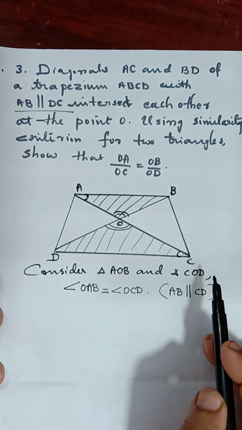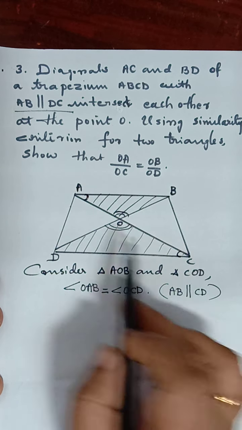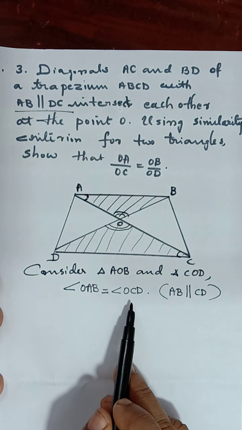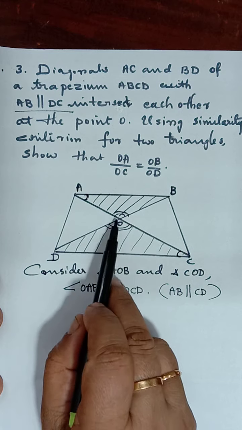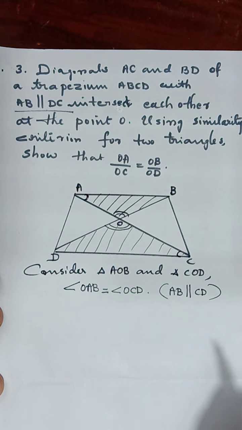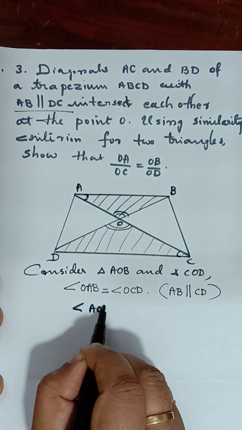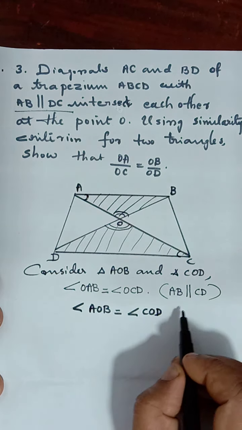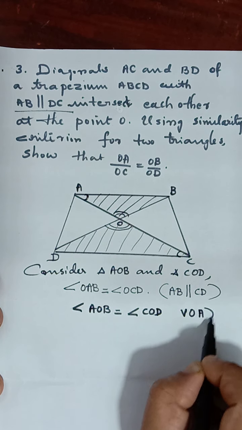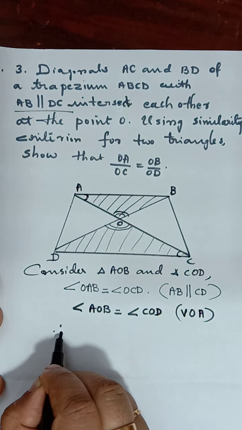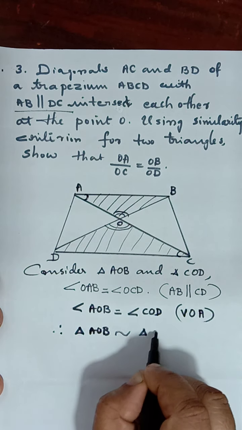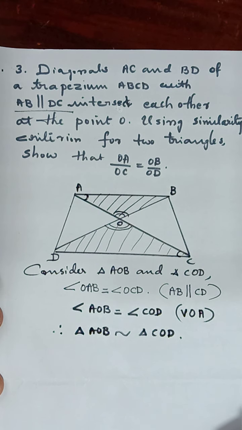AB parallel to CD. That is the reason. That is why we have a transversal AC and alternate interior angles are equal. OAB angle is equal to OCD angle. And also angle AOB equal to angle COD, vertically opposite angle. Therefore, triangle AOB similar to triangle COD.